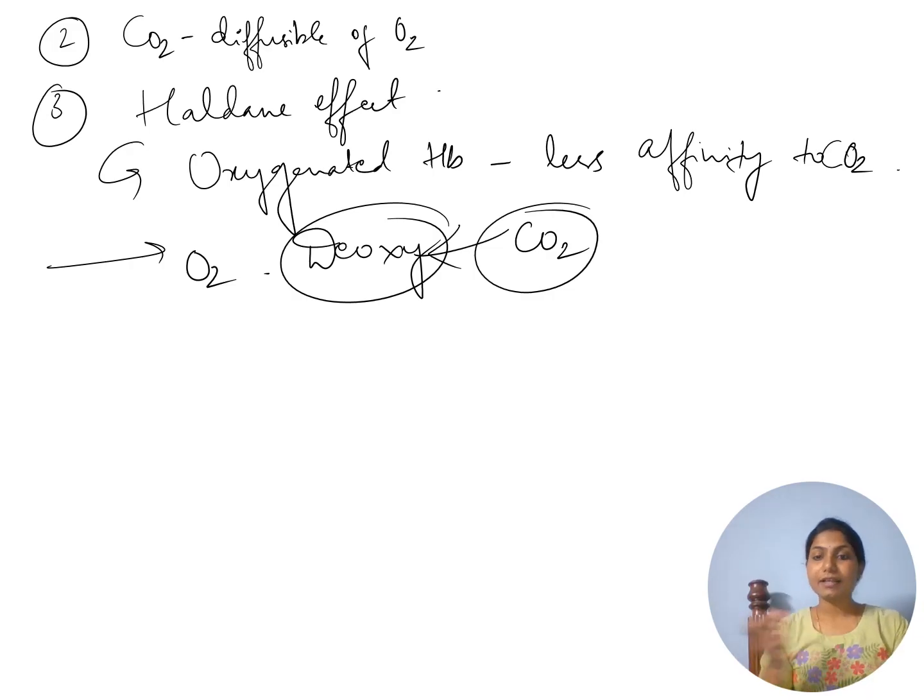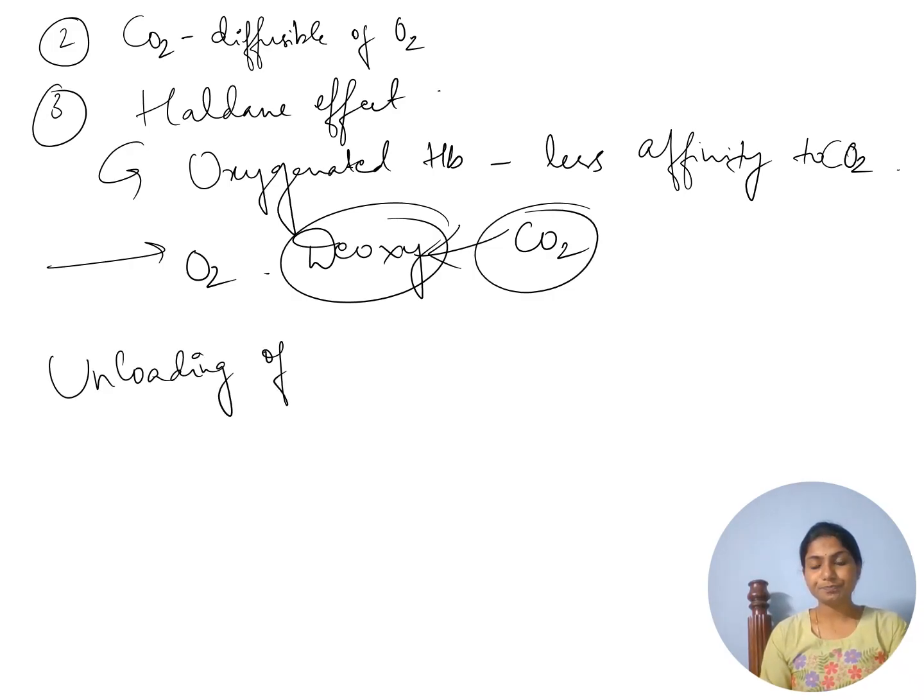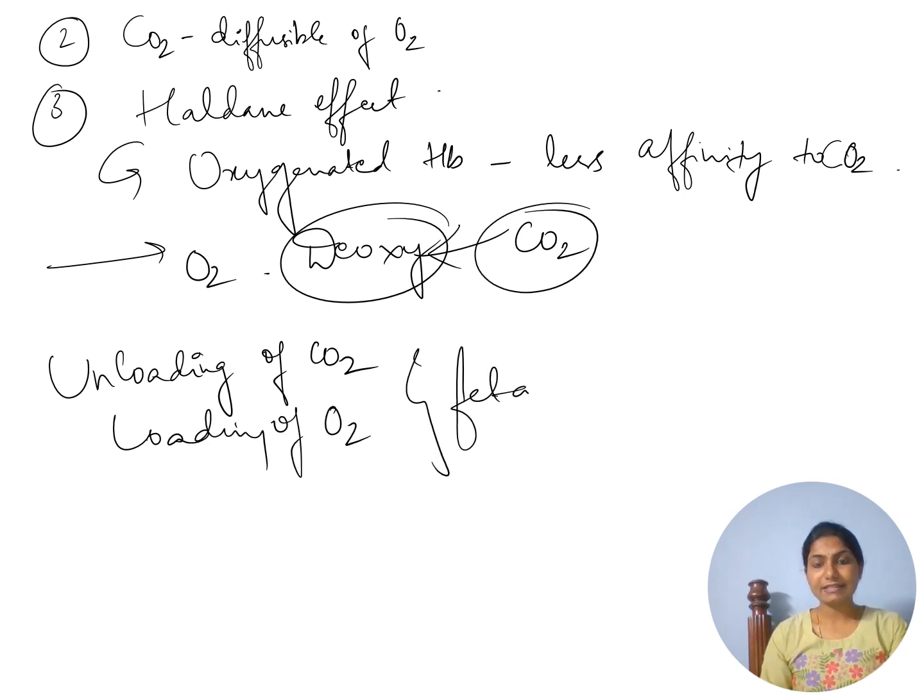So that is why it is carrying more of carbon dioxide from the fetal end. So what happens? There is unloading of carbon dioxide and loading of oxygen, which happens at the fetal site. So this helps in oxygenation, and this oxygenated blood is readily carried through the umbilical veins. So this Haldane's effect is very much important.